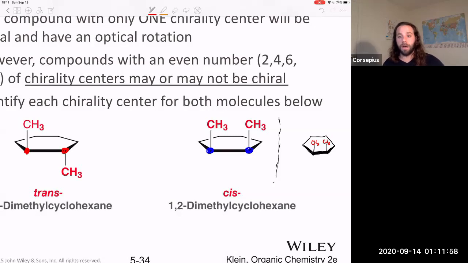This is an example of a meso compound. It has stereocenters. We could go in and designate each as either R or S, we could go through that whole process. But despite having those chiral centers, it does not have an enantiomer. Its mirror image is in fact superimposable.